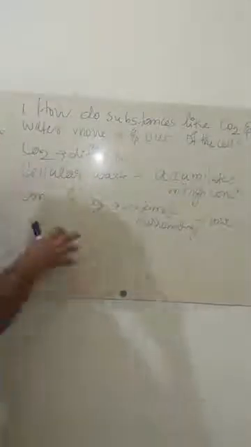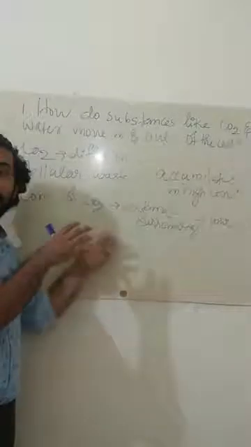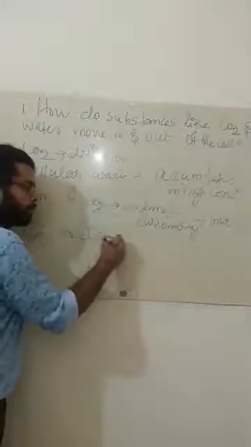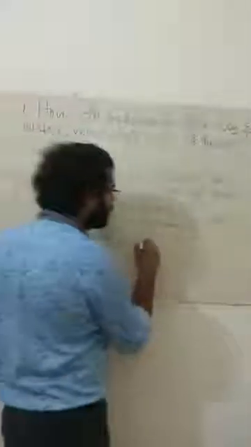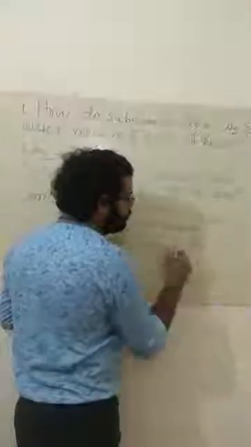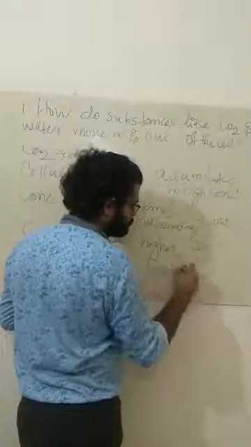The difference in the concentration level inside and outside of the cell causes CO2 to diffuse from a region of higher concentration to lower concentration.